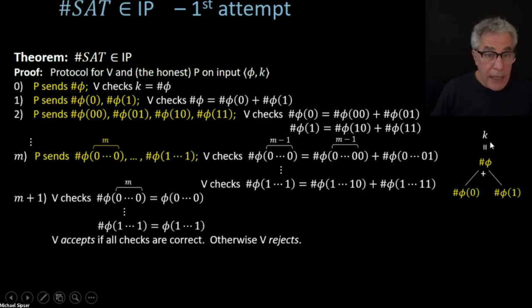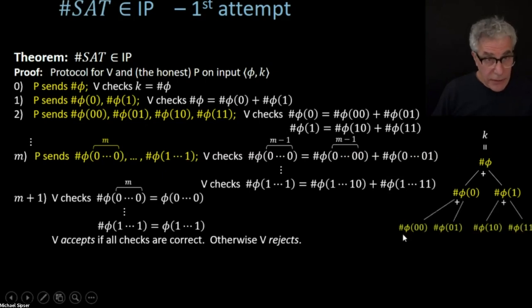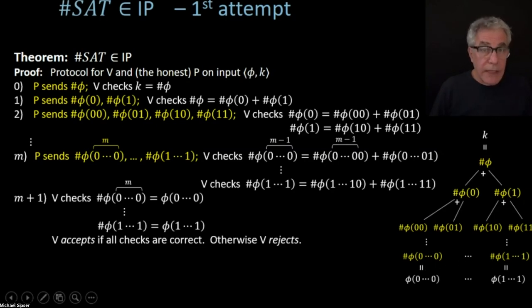So it checks that it equals K. And then the prover sends the next level. The verifier checks that the addition works out. Then the prover unpacks it further, assigns values to the first 2 variables, and the verifier checks that the assignments to just a single variable are consistent with that, and so on, until it's assigned all m variables, and then it checks directly with the formula.